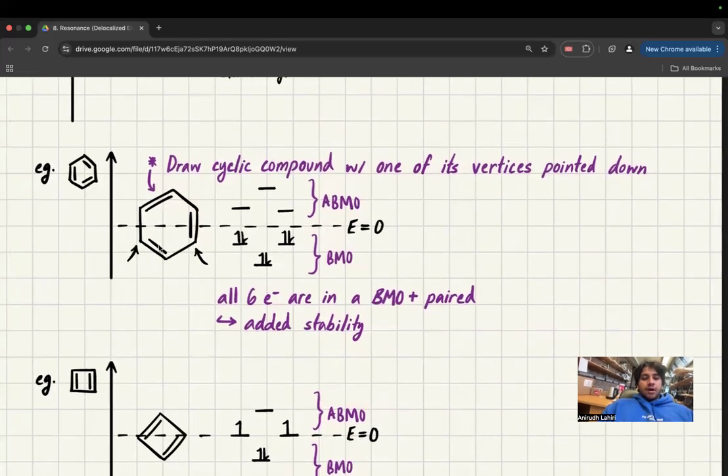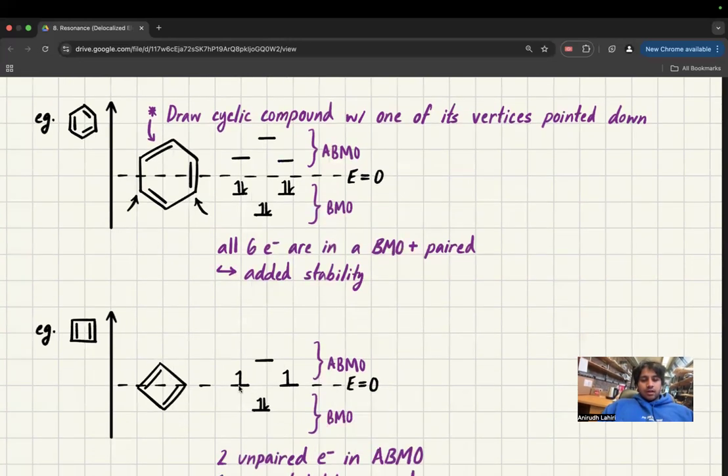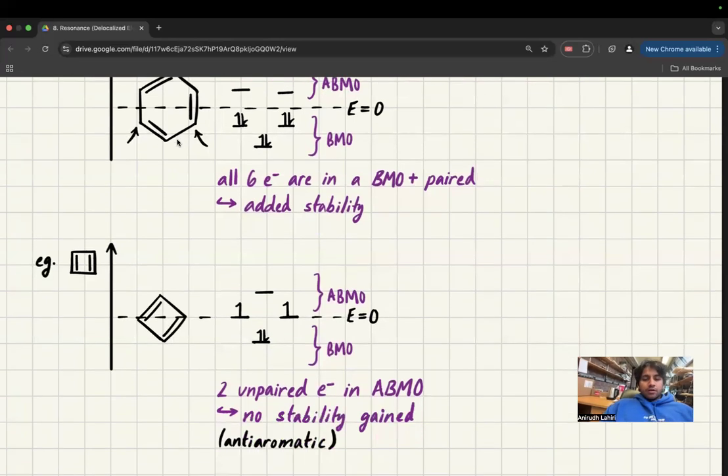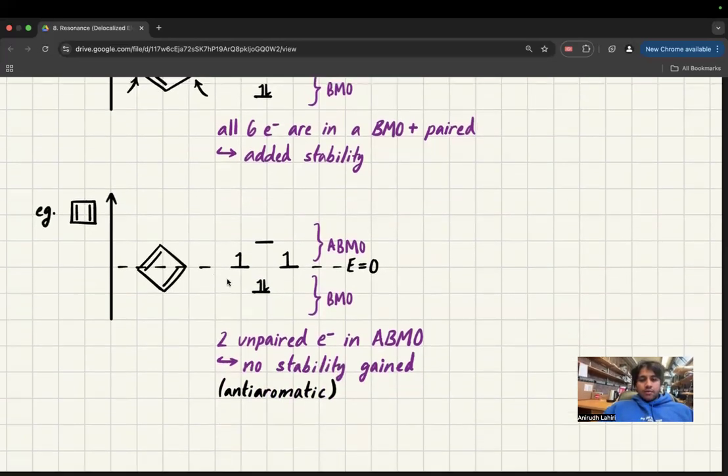Okay, we have 6 pi electrons, right? 1, 2, 3, 4, 5, 6. The way that you drew three here is one, two, three vertices, so you draw these lines based on the vertices. Each line corresponds with a vertex. With that, you have two unpaired electrons in the anti-bonding molecular orbital for this one.